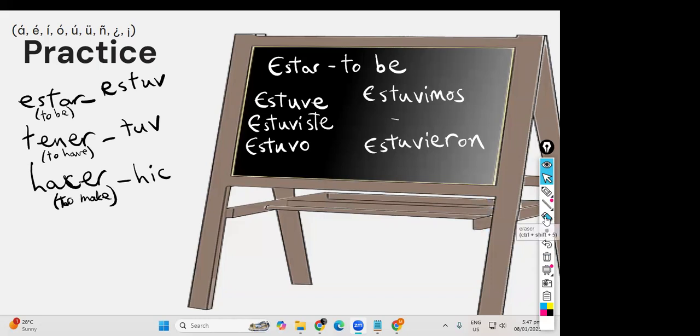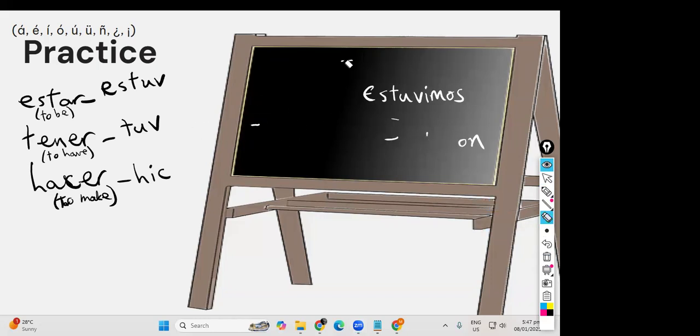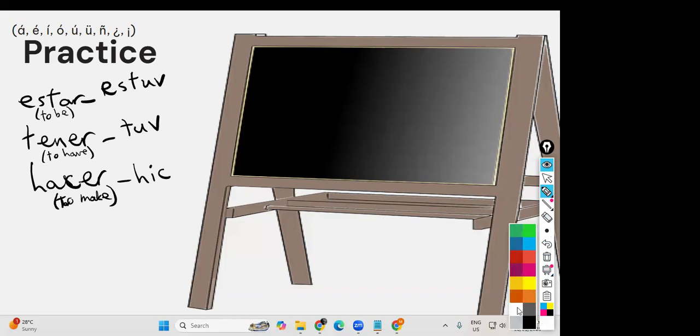All right, let's clear this away. And we're going to tener, to have. So the past tense would be I had, you had, he, she, it had. Okay, so the stem, I wrote TUV next to tener there. That's the stem. That's the irregular part that changes, right?